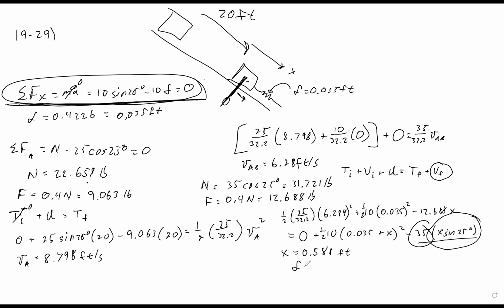So the delta max is 0.581 plus the 0.352, which is going to equal 0.616 feet. That is the full compression of the spring from the zero compression point, where B had started the compression already, and where box A running into box B compressed the spring even more.